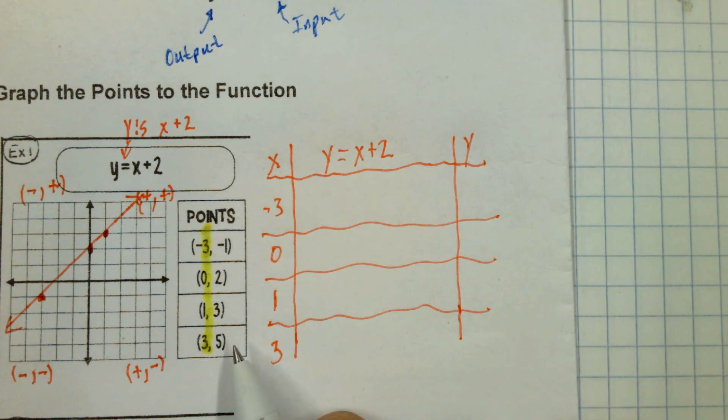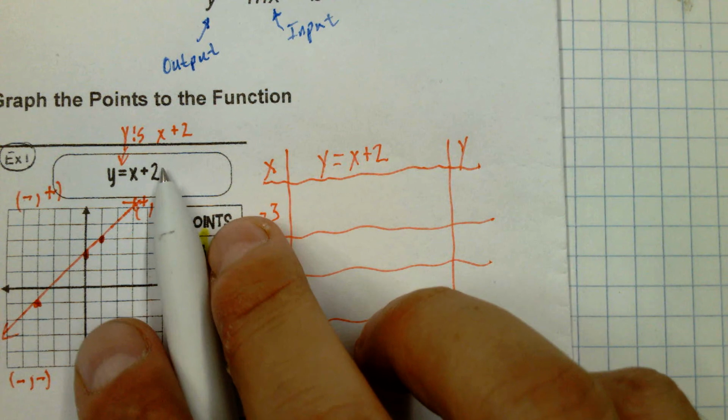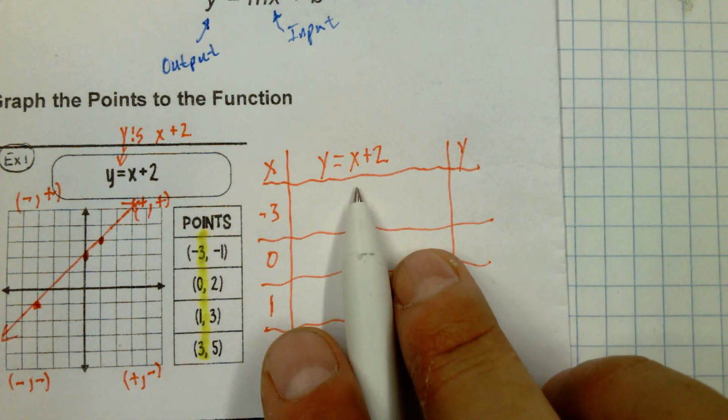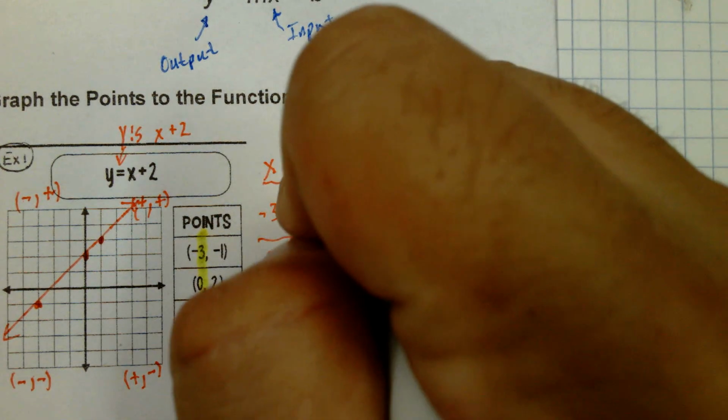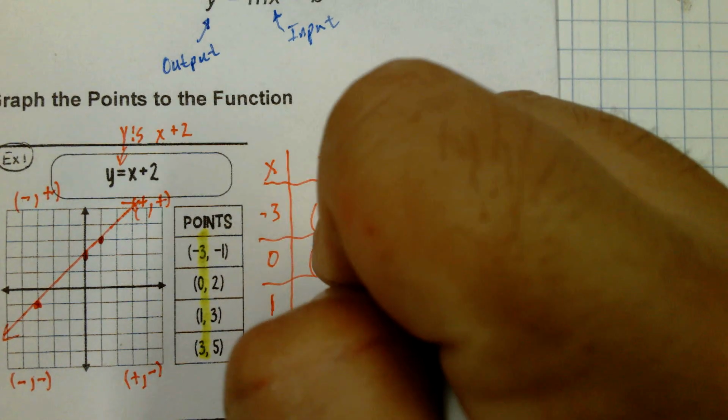Now we already know what the y value should be, but we're going to just go ahead and follow the rule. The rule again says take x and add 2. Whatever x is, add 2. So I'm going to put parentheses where x should go.